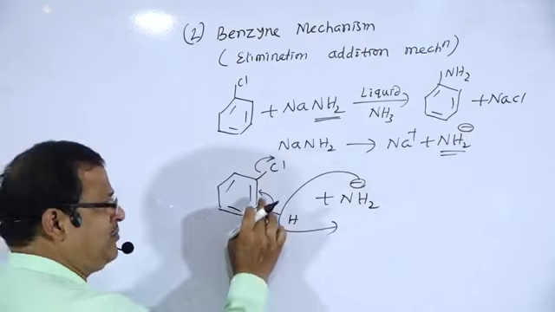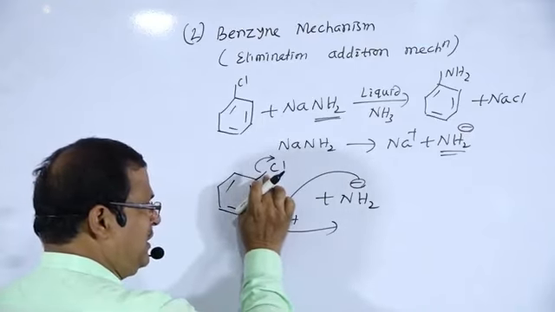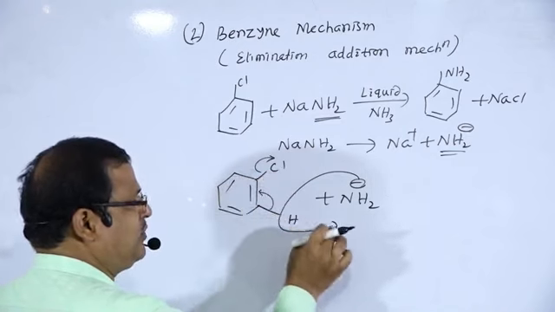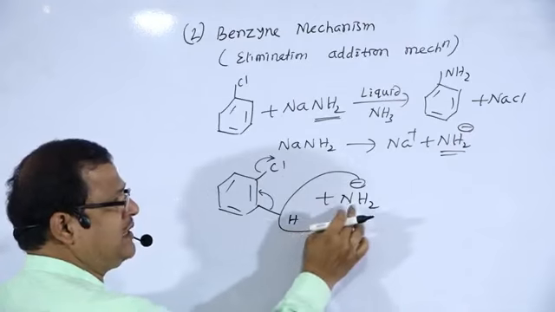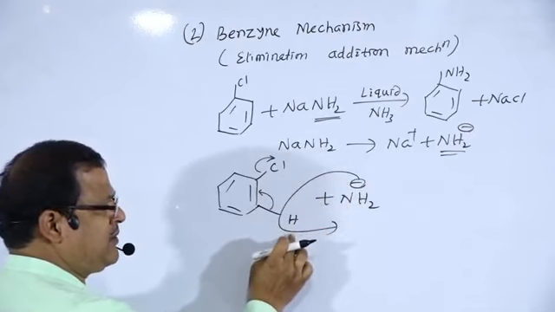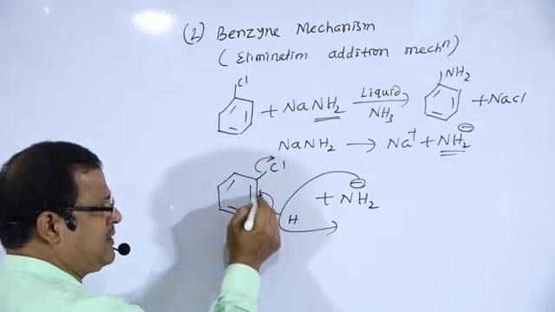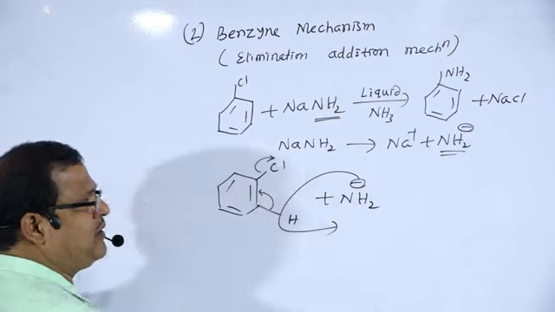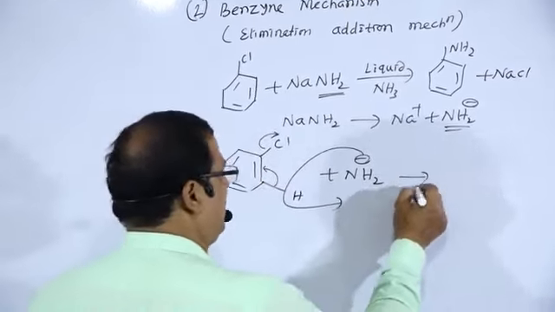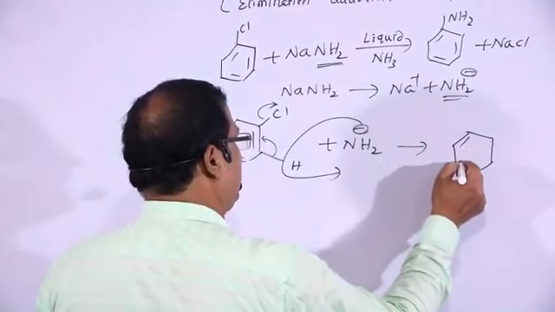So the hydrogen atom from the carbon atom nearby the carbon containing chlorine is removed as H plus by that NH2 minus. So this bond pair of electrons is shifted to form another bond, and this bond pair of electrons is shifted to the chlorine atom. So there is the formation of benzyne, that is the reaction intermediate.